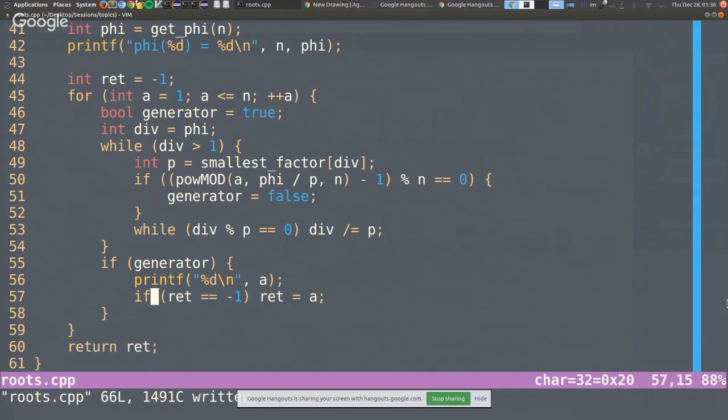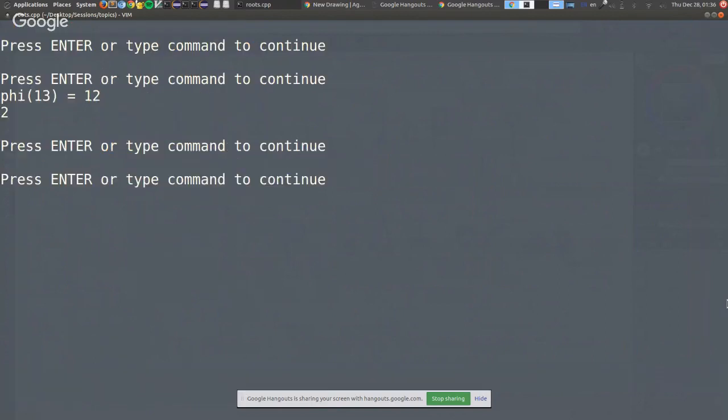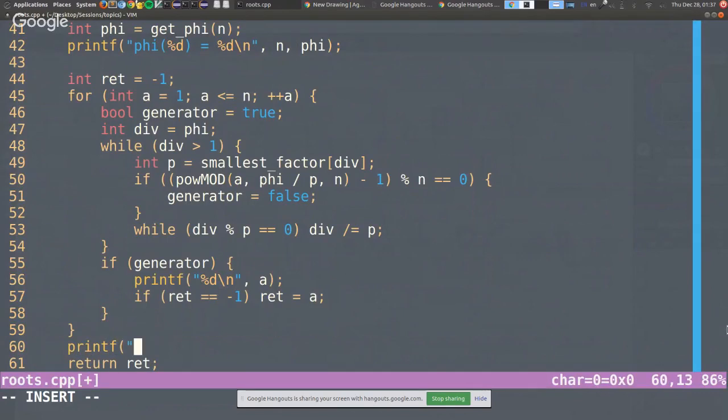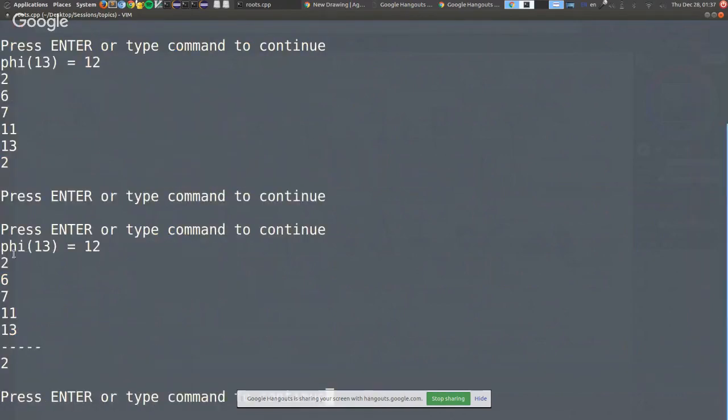Here I keep the first value that I see, so I will still return the first primitive root, but here I will print all the other ones. So you can see some separator here. As we can see here, the phi of 13 is 12, and all of these are primitive roots.